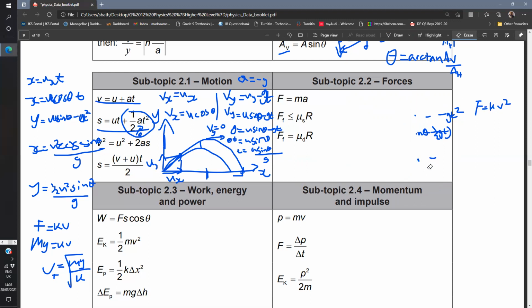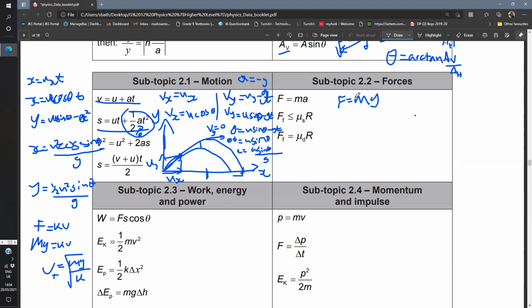So there are a lot of forces. There are different forces, weight, tension, etc. And each one has its own formula. And it depends obviously on the free body diagram. So this is what I'm going to be showing you right now. So for weight, W is equal to mg.